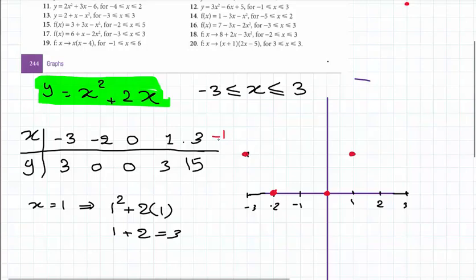Let's add -1. If we put -1 in place of x, we get (-1) to the power of 2 plus 2 times -1. (-1) squared is +1, plus 2 times -1 is -2. Then 1 minus 2 is -1. The -1 in x is here, -1 in y is right here.